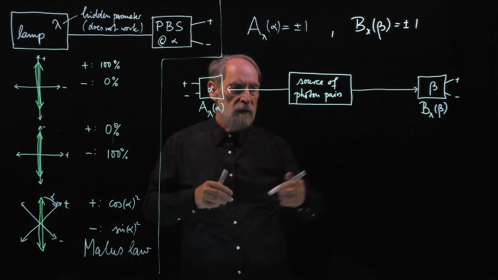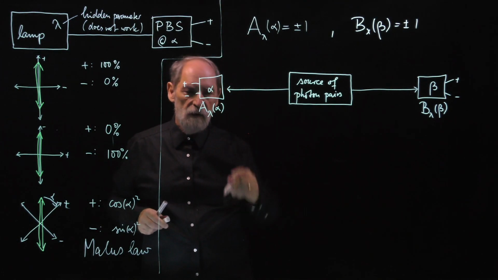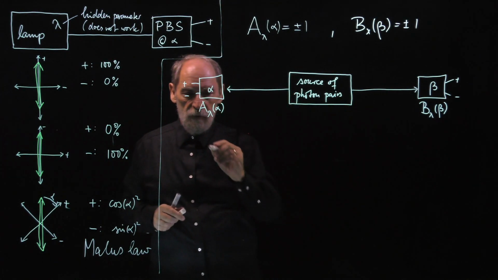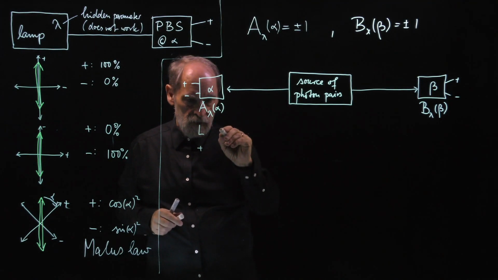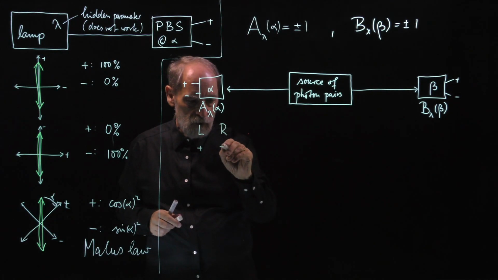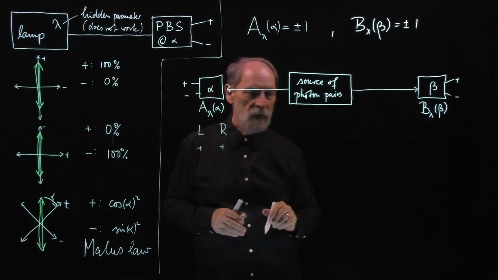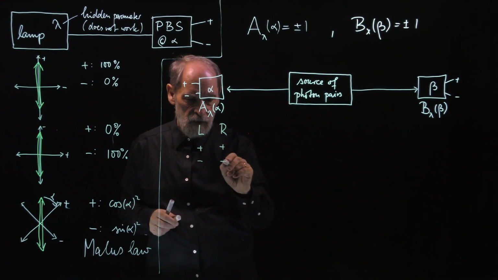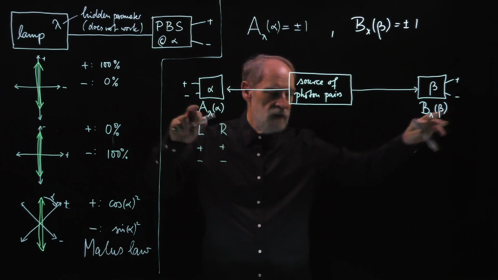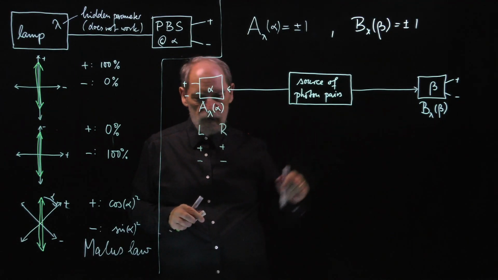So now let's look at what is observed. For one photon pair, we could have outcome plus on the left and also outcome plus on the right. So plus and plus. Or we could have minus on the left and minus on the right. Minus here, minus there. These are possible outcomes for the pairs.